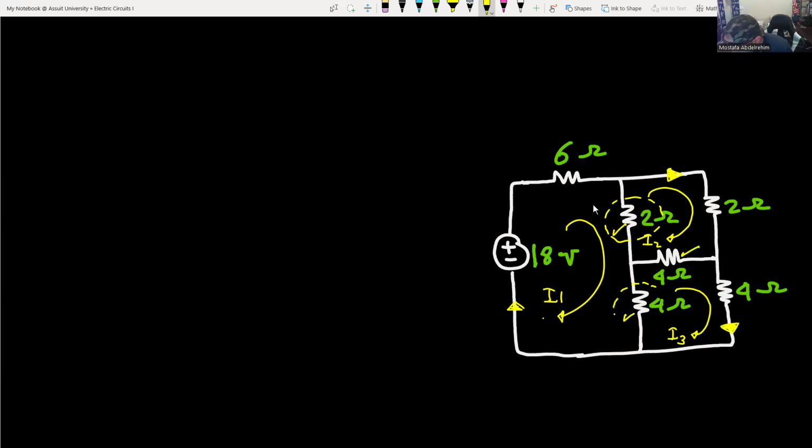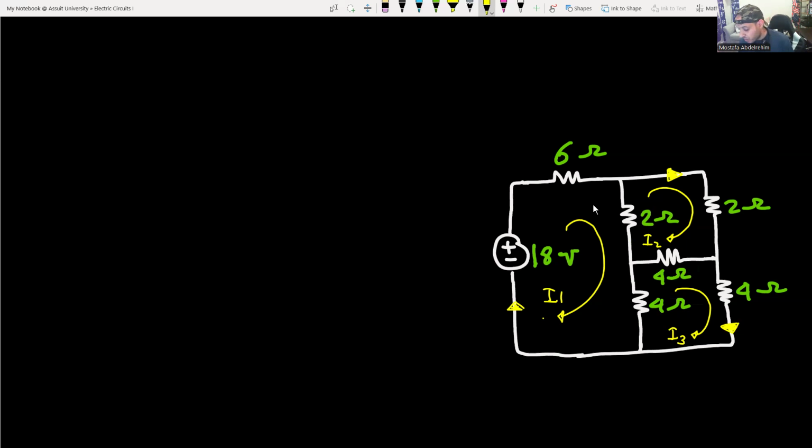The 4 ohm resistance here will have a combination of current between I3 and I1. And finally, this one here has a current which is a combination between I2 and I3. We're gonna find out how to find them, don't worry about that. So let's go back to our solution. We assigned now a current for each mesh.